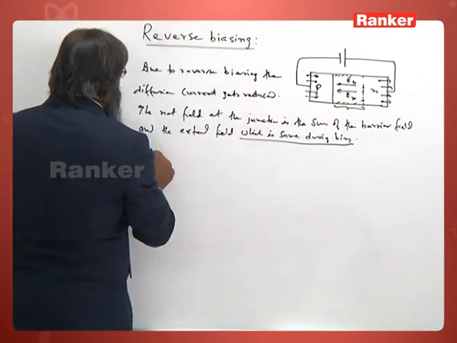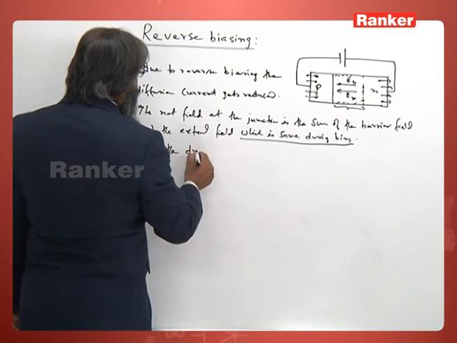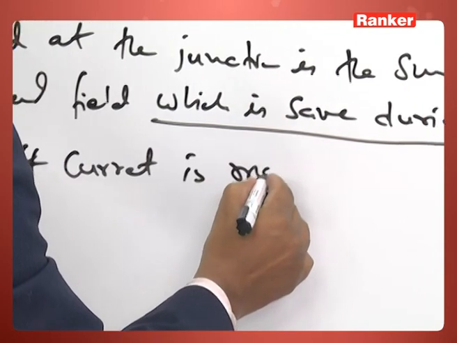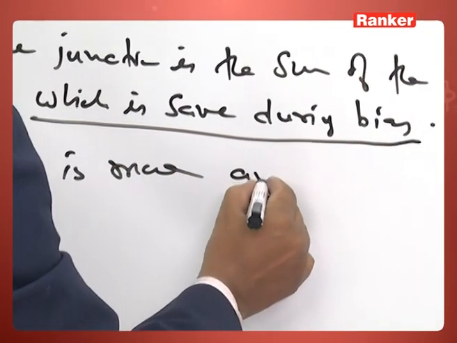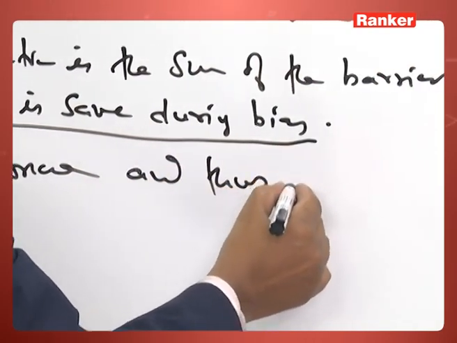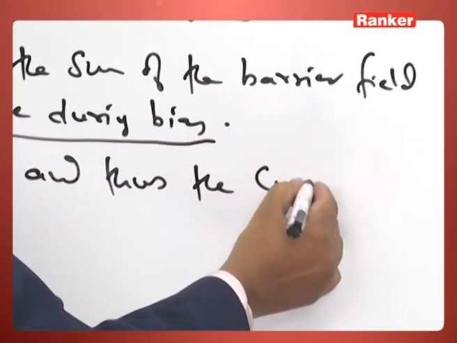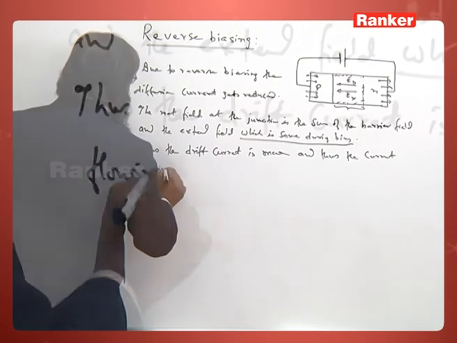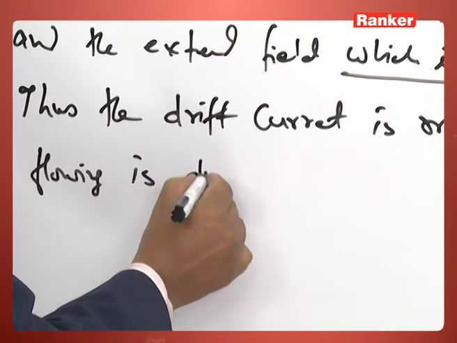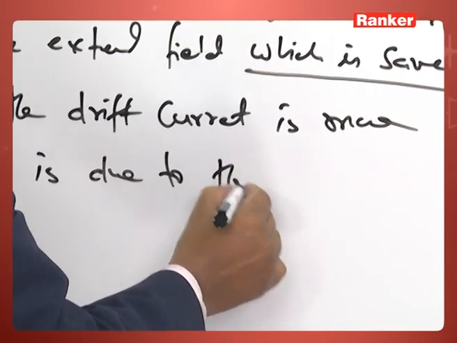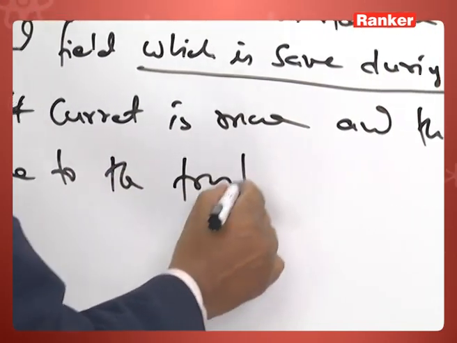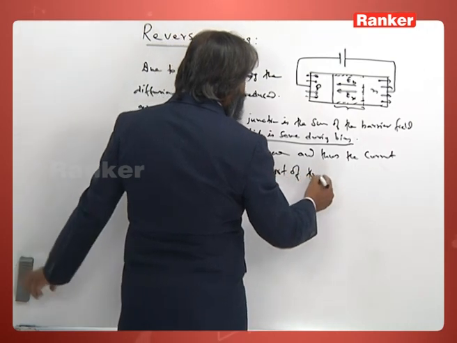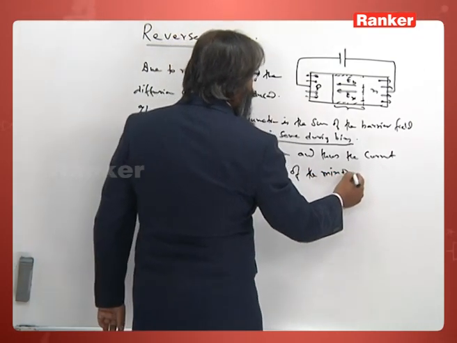Thus the drift current is more, and thus the current flowing is due to the transport of the minority charge carriers.